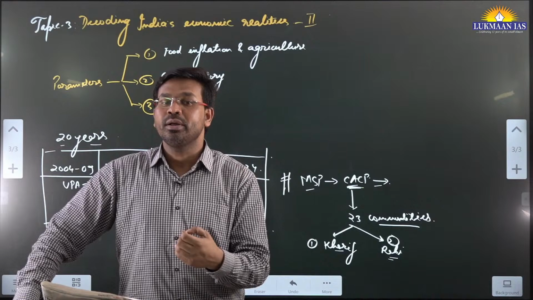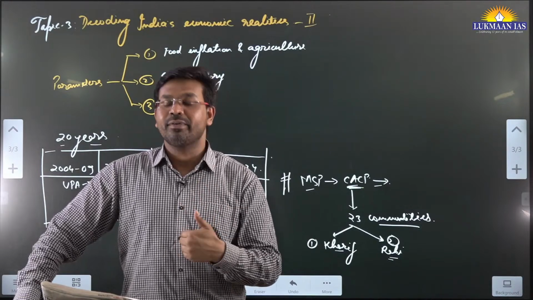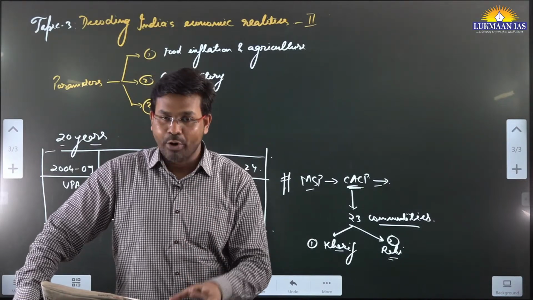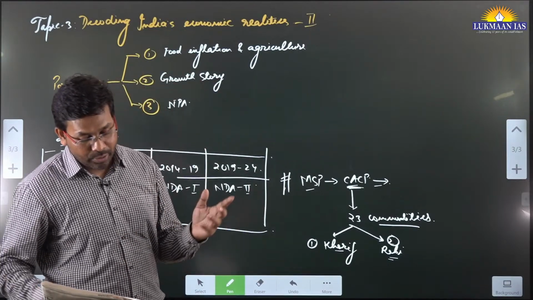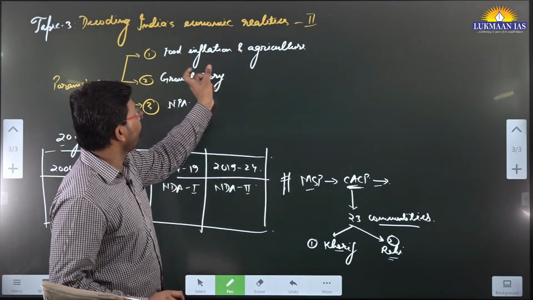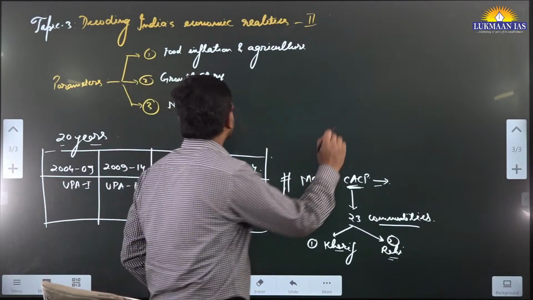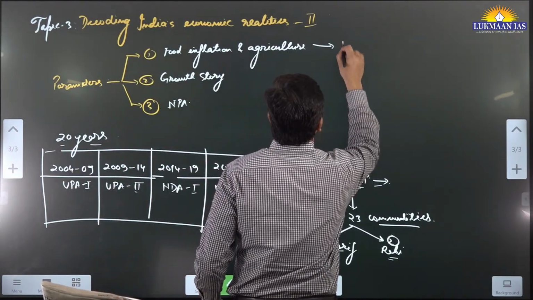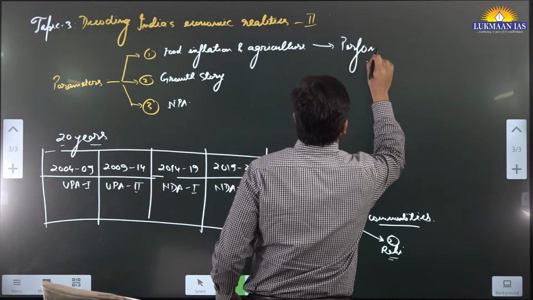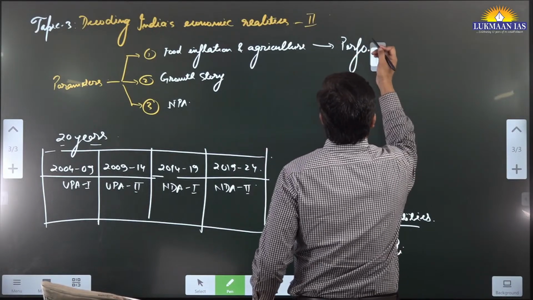So it did not help the farmers; they did not profit much. However, consumers were relieved because of the high inflation. So when we talk about food inflation and agriculture, this area has performed poorly.